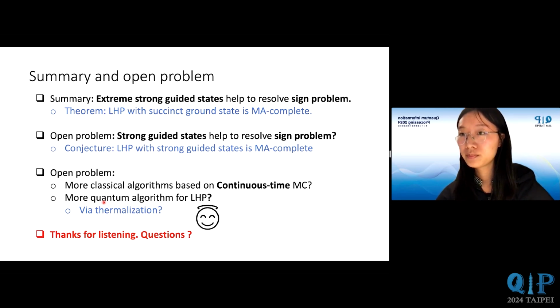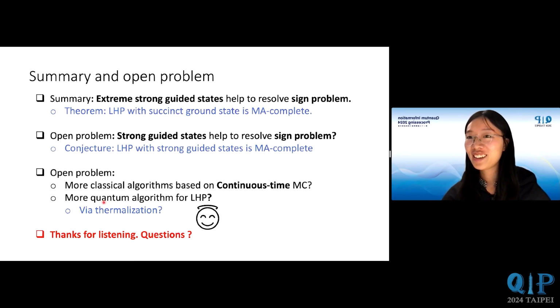I wanted to ask, with this extremely strong guided state, how can you potentially replace it with just access to a state with low energy, not necessarily exactly the ground state? Low energy, like lower than the threshold for no instances? I think currently my approach cannot, because it's very different.